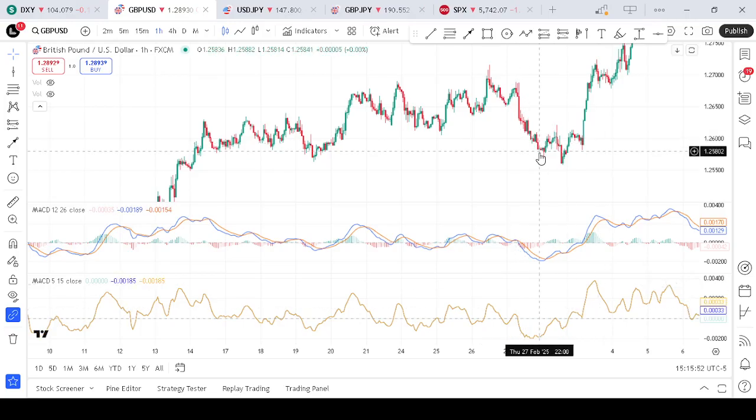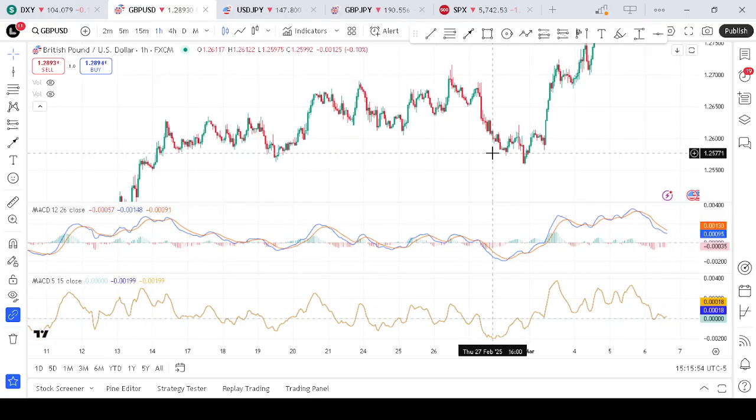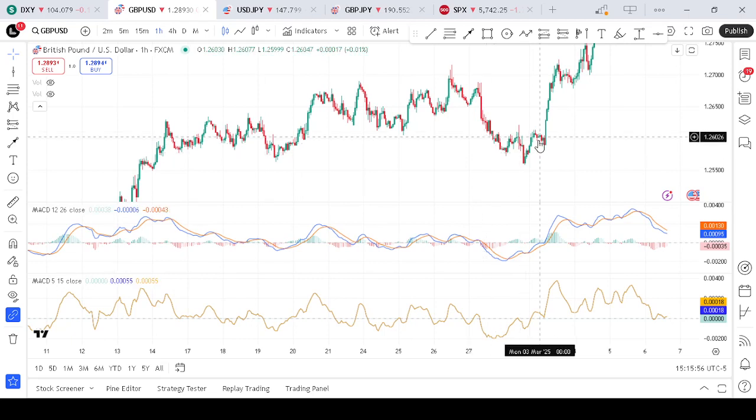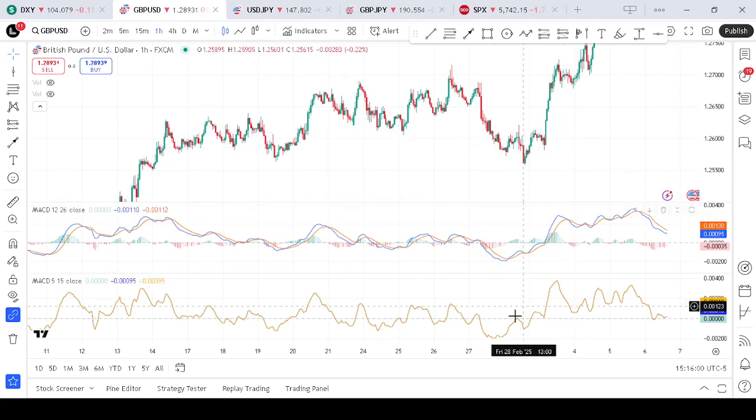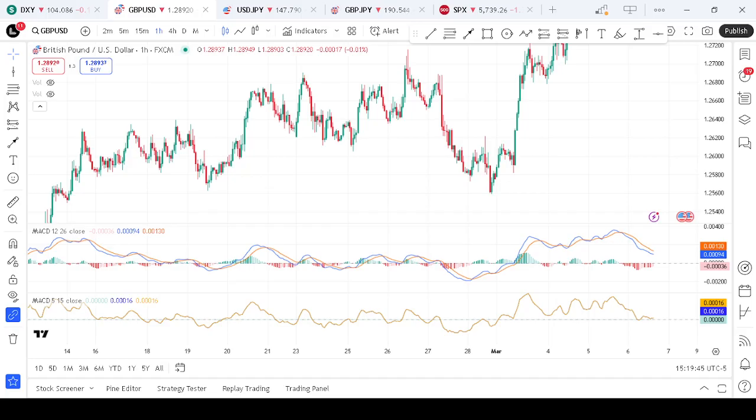The strategy becomes powerful during strong trends when both MACDs show increasing histogram values, which indicates strengthening momentum. This leads to the most profitable trades.